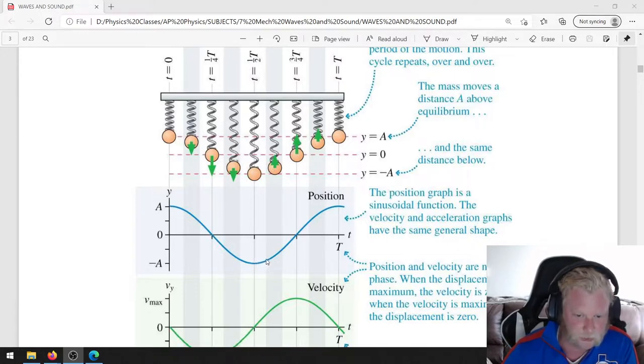Then it's pulled back up by the spring, back to equilibrium position at time equals 3/4 period. And finally, at time equals the full period, he's reached the positive amplitude again. So it's starting from maximum positive displacement, going through equilibrium to maximum negative displacement, through equilibrium again, back to maximum positive displacement.